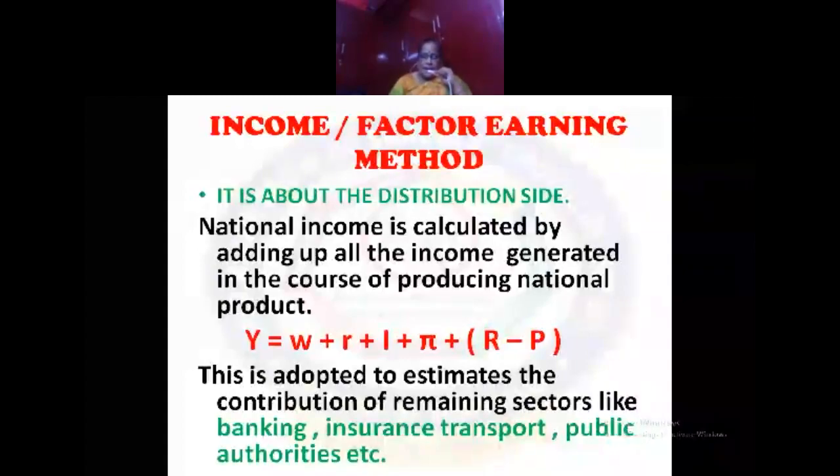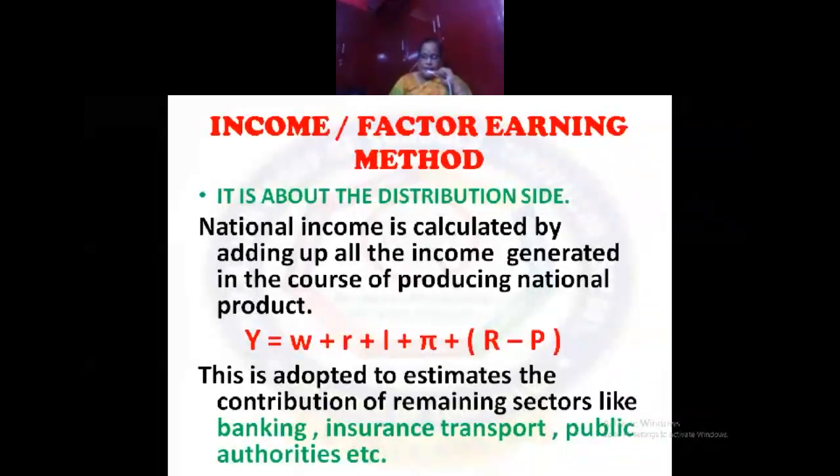The wages and salaries, fringe benefits, and employers' contributions to social security. Second one, capital income. What is capital income? There is profit, interest, dividend, and royalty. Third one, mixed income. That is farming, sole proprietorship, and other professions.